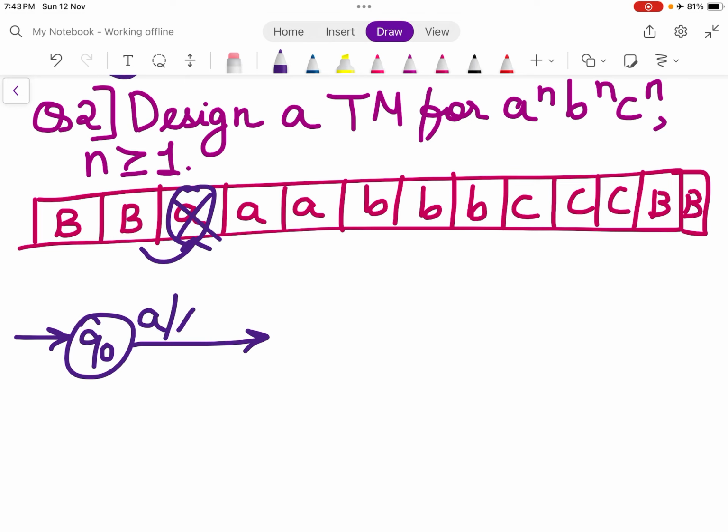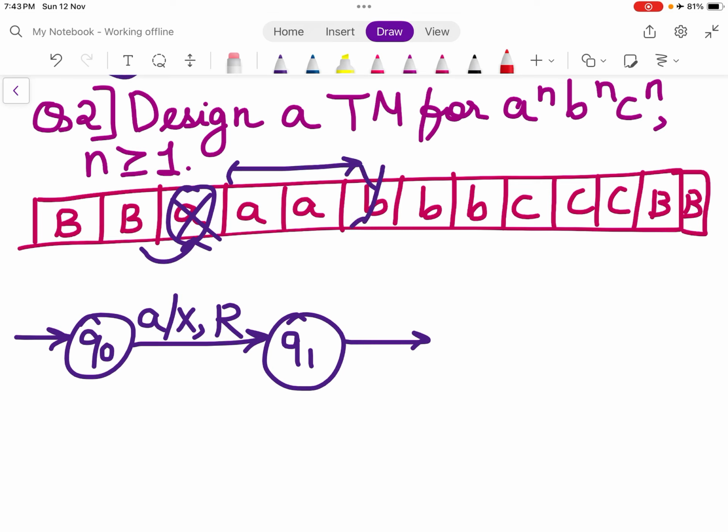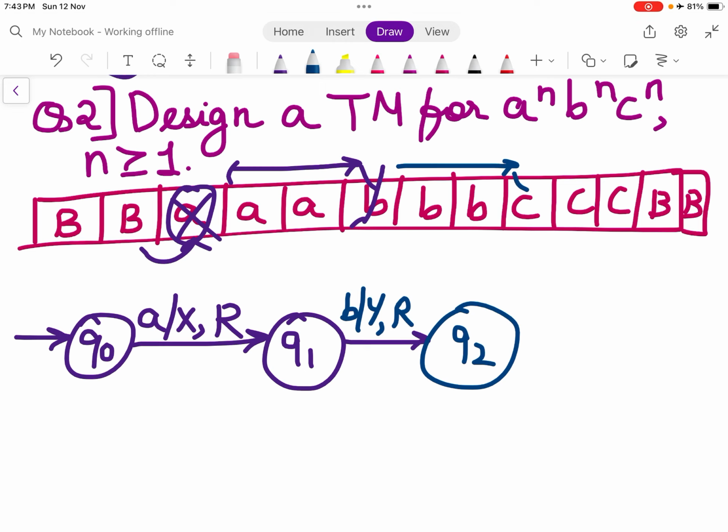So a, you will replace it with an x, move in the right direction, go in the Q1 state, and you will move in the right direction until you see a b. Once you see a b, replace this b with a y, again move in the right direction. Go in the Q2 state, again go in the right direction until you see a C, replace this C with a Z.